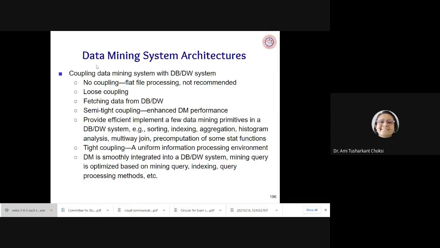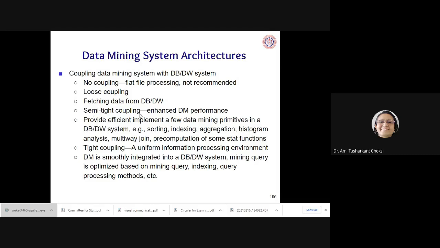Let us now see data mining system architectures, coupling a data mining system with a DB or DW, that is, a database or data warehouse system. No coupling, that is flat file processing, is not recommended. Loose coupling means fetching data from a database or data warehouse.